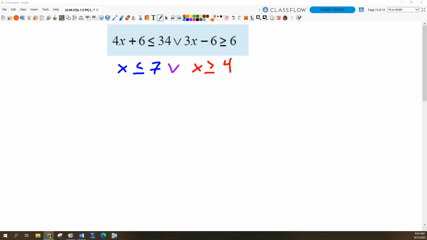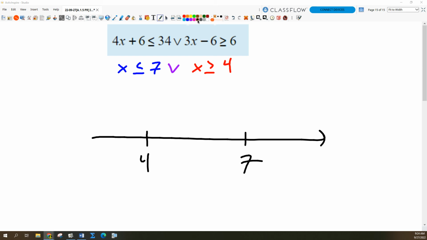If I graph this thing, I've got numbers at 4 and 7. Here's the blue solution, right, if I graph it. Here's the red solution if I graph it. So for an OR statement to be true, how many of them have to be true at the same time?